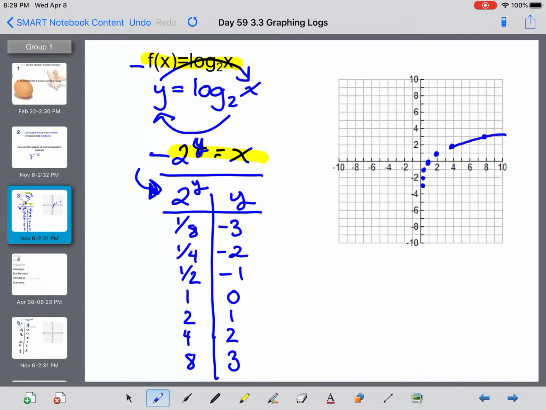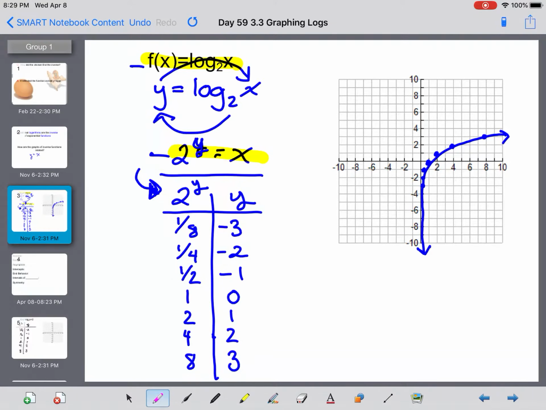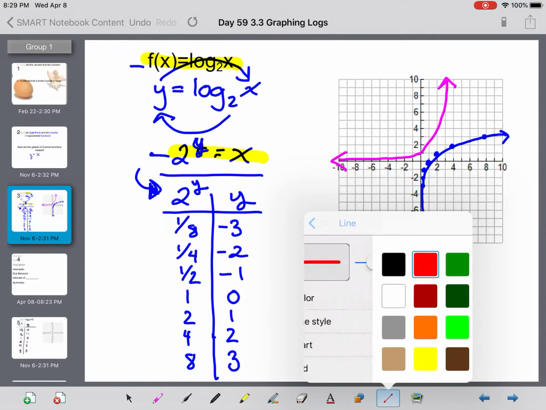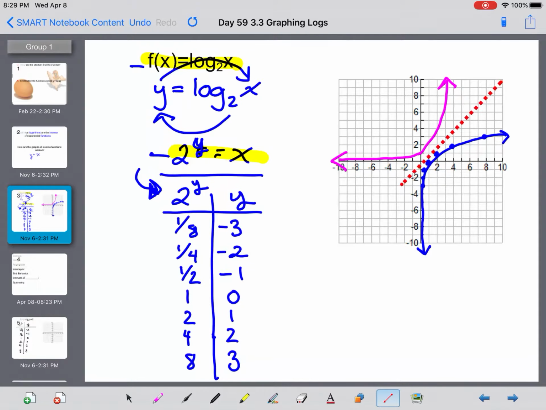And so here's what my logarithmic function is going to look like. It does something like this. And if you recall what that exponential function looks like, I'll just roughly sketch this in pink so you can see. There's my exponential function, and hopefully you would believe me that these two functions would be reflected over this line right here, y equals x.